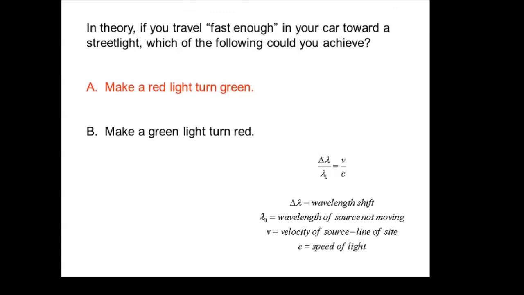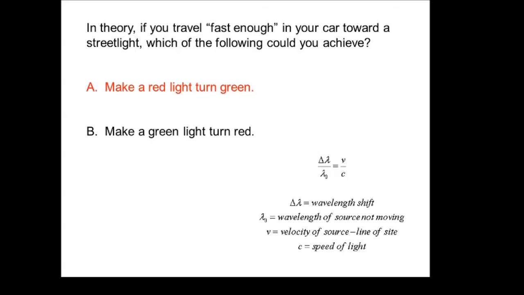Now, a good question to ask is this. Is this an argument in court? I mean, you're making a red light turn green, right? So the question is, can I get away with this? Well, let's actually use the equation that I wrote here. The wavelength of red light is approximately 650 nanometers.